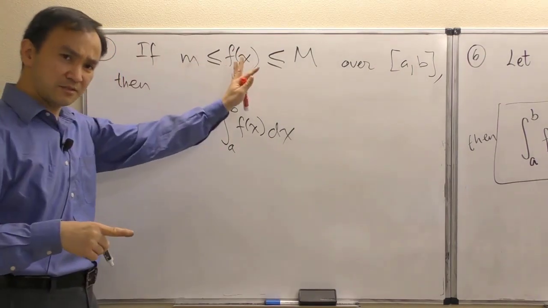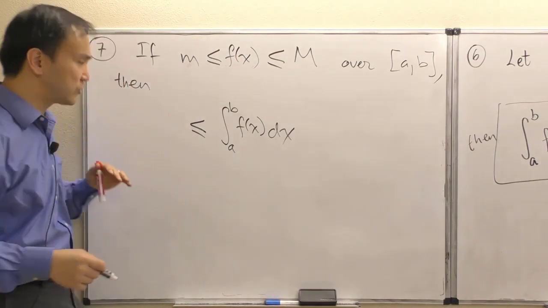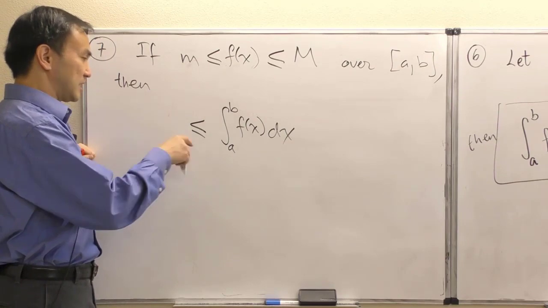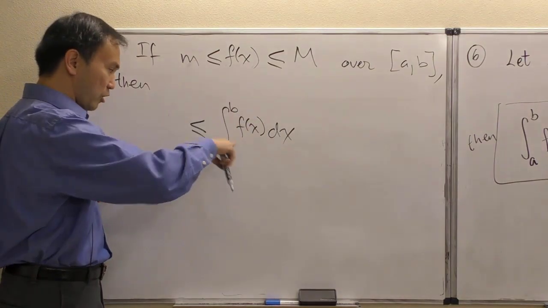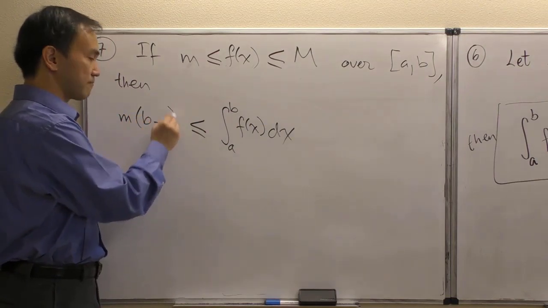So this property in particular is useful for estimation, and I will get to that when we get further into the estimation methods. But for now, I know for sure that the integral has to be greater than or equal to m times b minus a.